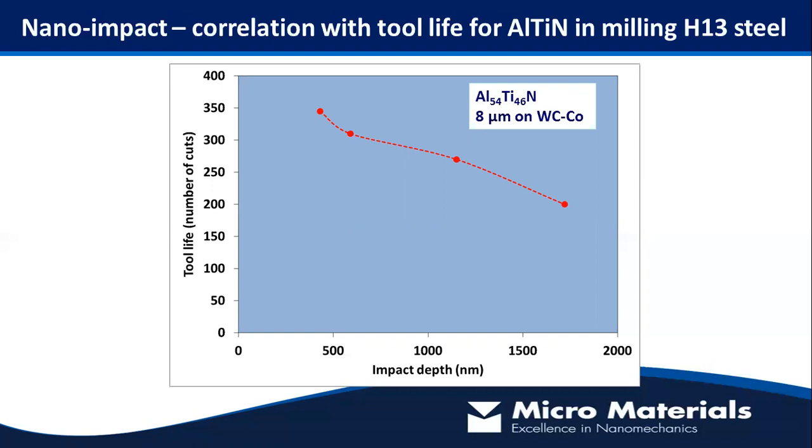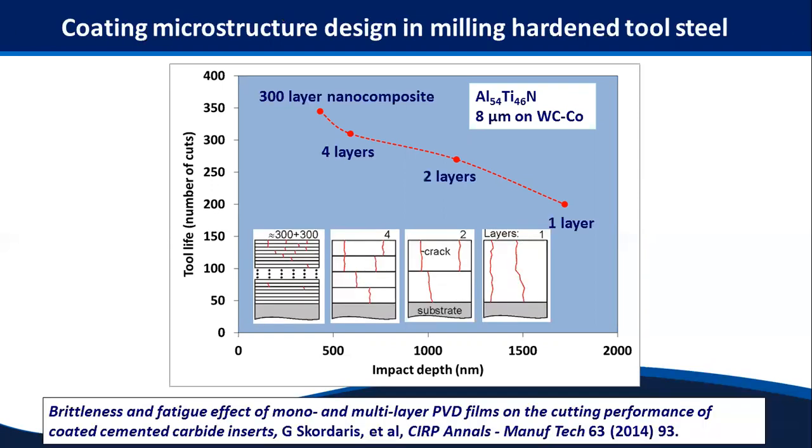These were all chemically the same, but the deposition was altered to create different amounts of interfaces in the coating system. With a single layer deposition, there's nothing stopping through thickness cracking through the system, and this is more susceptible to fracture. As you put more and more interfaces into that system, you enhance the fracture resistance, so there's additional routes for energy dissipation.